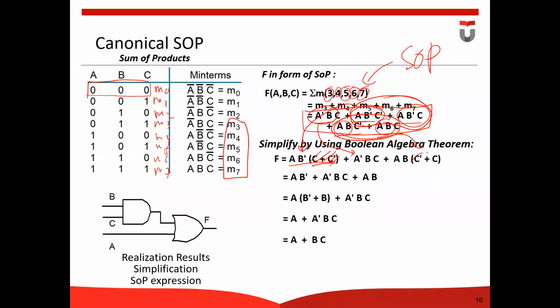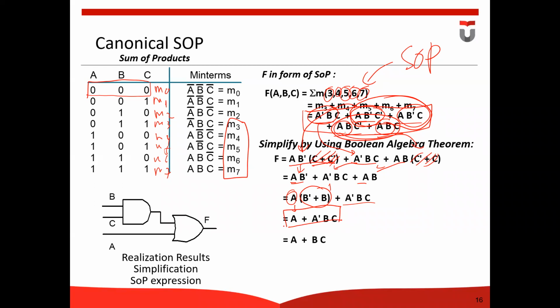So now we have AB naught from here, A naught BC from here, and then AB from here. And then we can see that this is A and this is A also. So we can take out the A and then B plus B naught, and this is 1. So this will be A. And then we have A plus A naught BC.